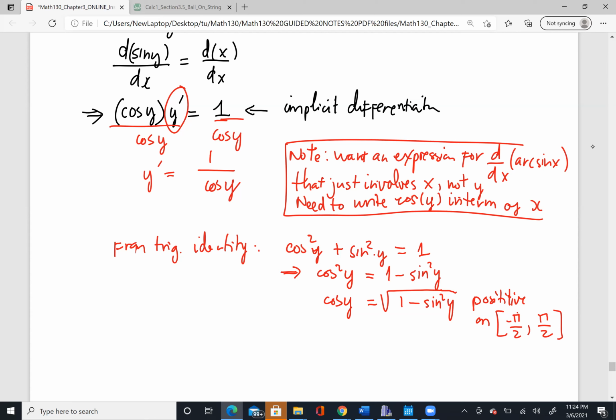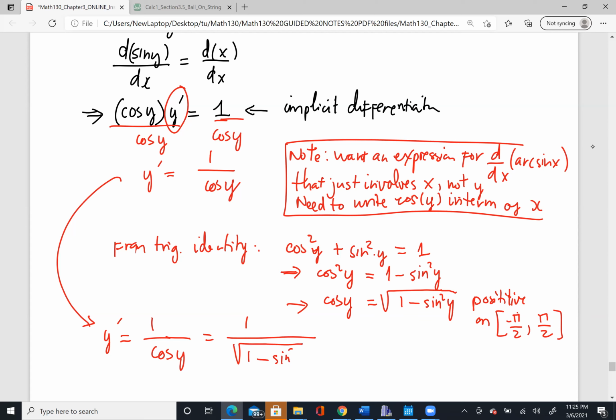Okay, so the y derivative will be equal to 1 over cosine of y. According to what we have here, remember that cosine of y I can change to be the square root of 1 minus sine squared y.